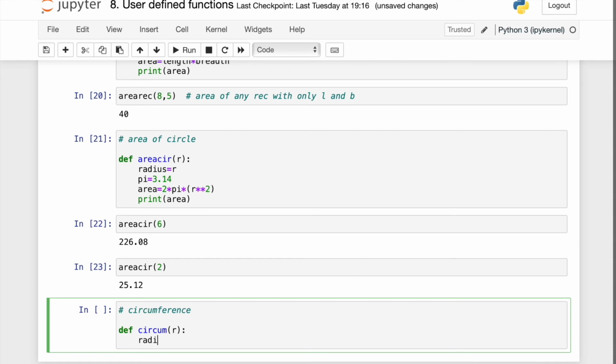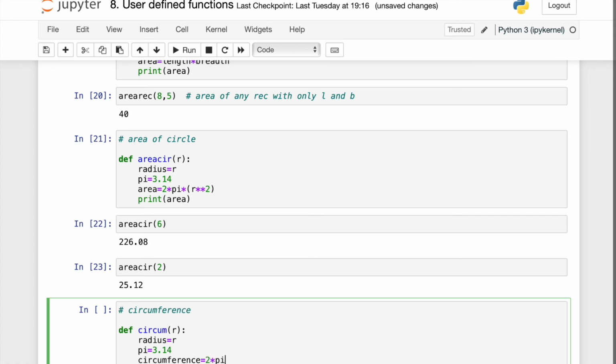Now the radius of the circle is r, and the pi value is 3.14, and the circumference is 2 pi r.